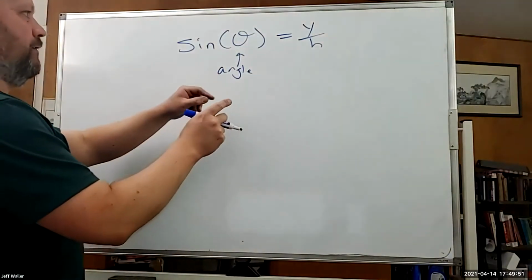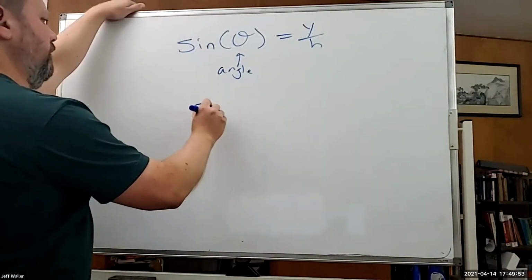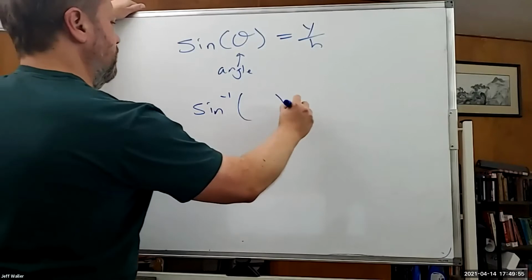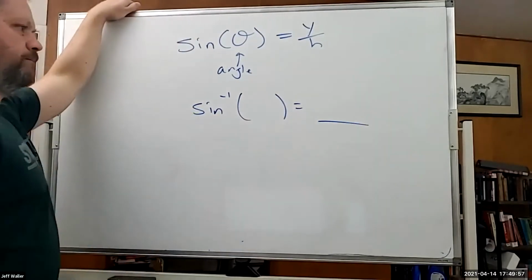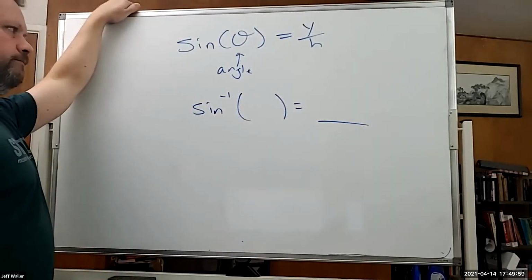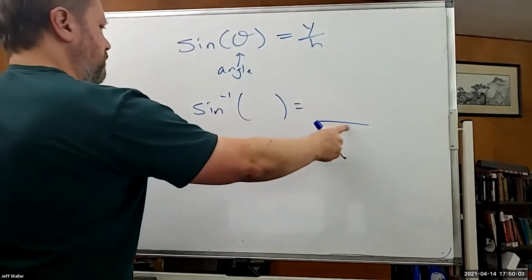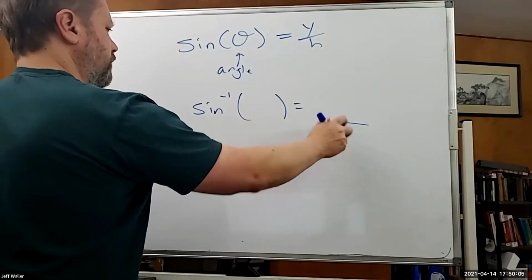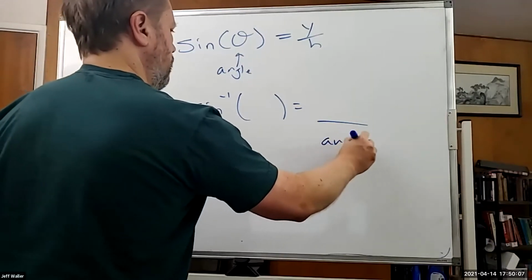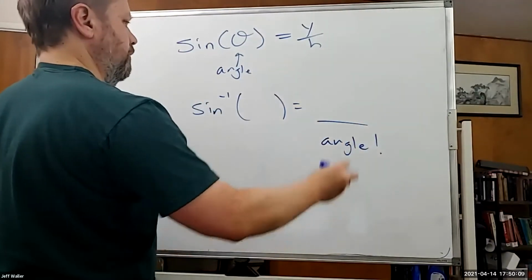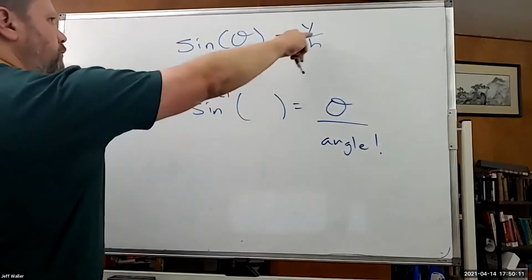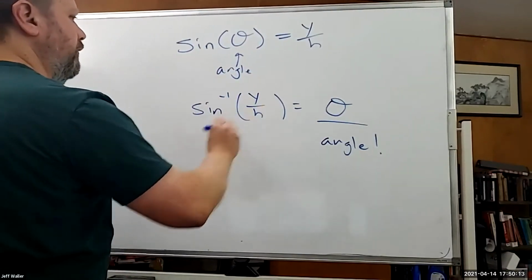So, what is the output for an inverse sine? How do inverse functions relate? What would the output be for an inverse sine? An angle. Good. And the input would be the ratio of the sides.